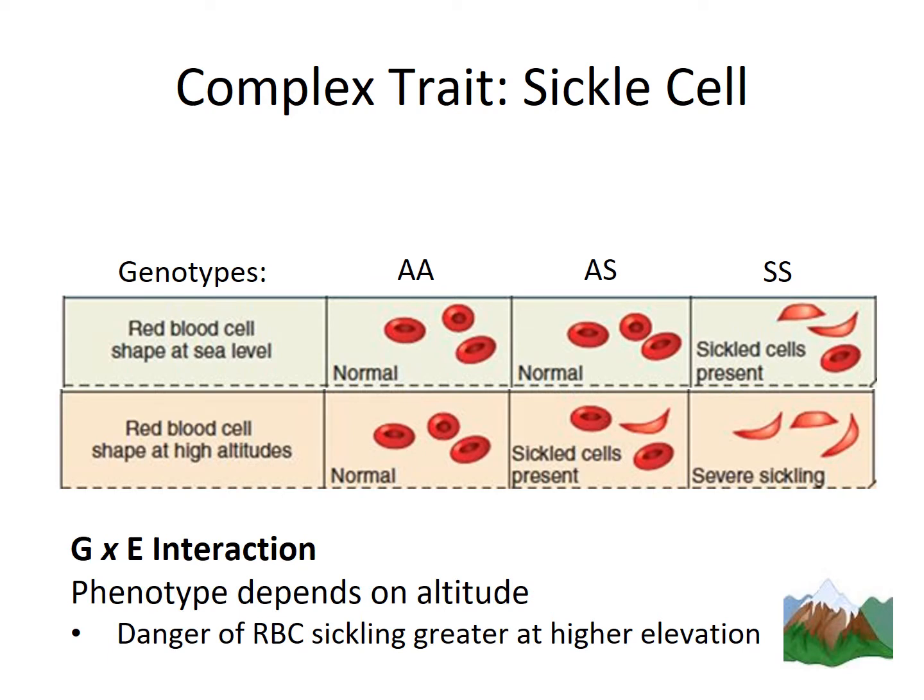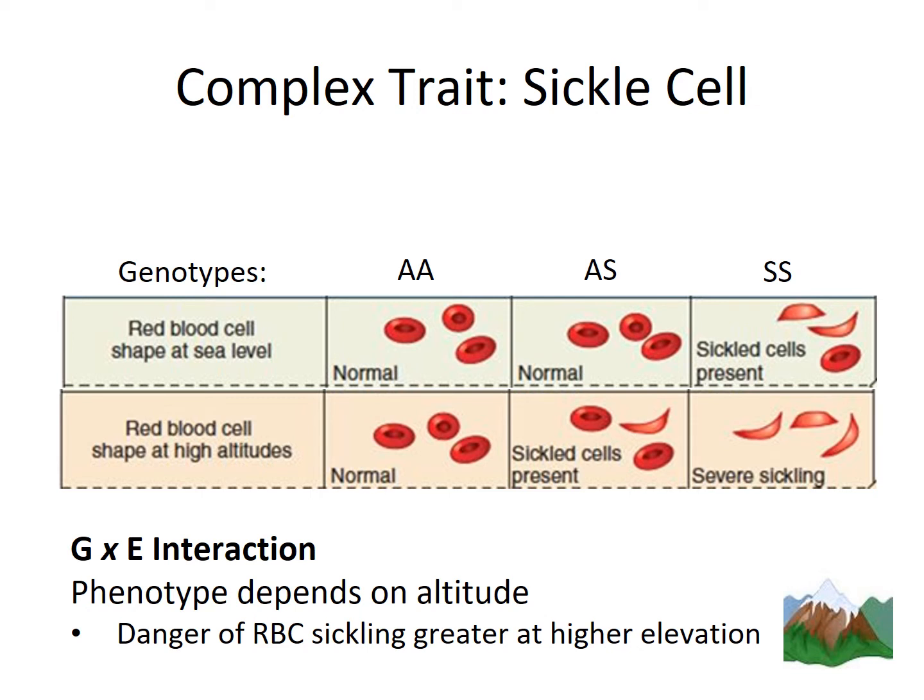But there's another layer of complexity to this story, because the sickling of red blood cells, where a round red blood cell changes shape and morphs into the sickled conformation, this happens in hypoxic environments. These are environments that are low in oxygen.